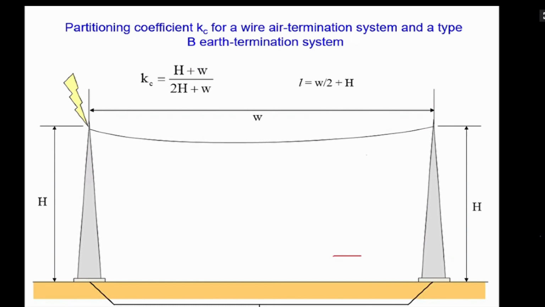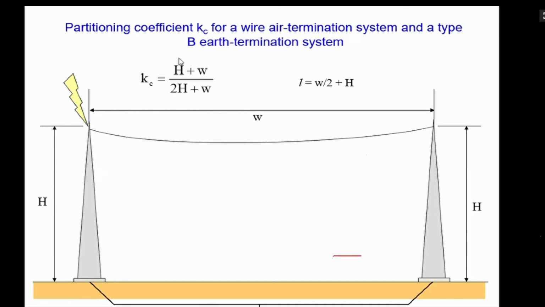Now imagine that there is a catenary wire in between two poles or two towers, and the grounding systems of the two poles or towers are joined together by a ring conductor.